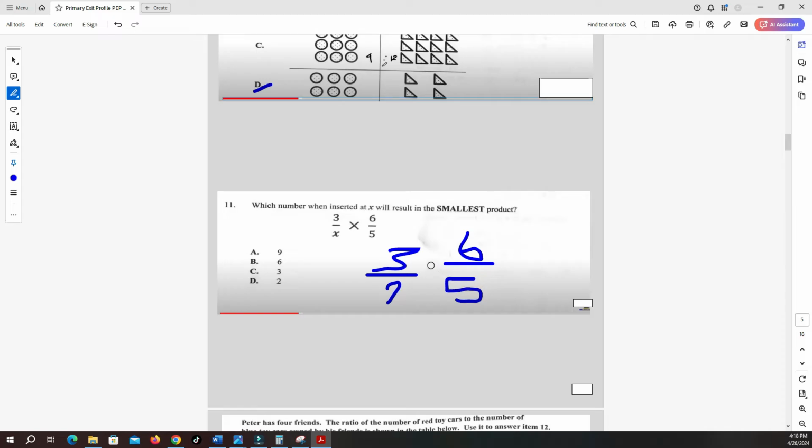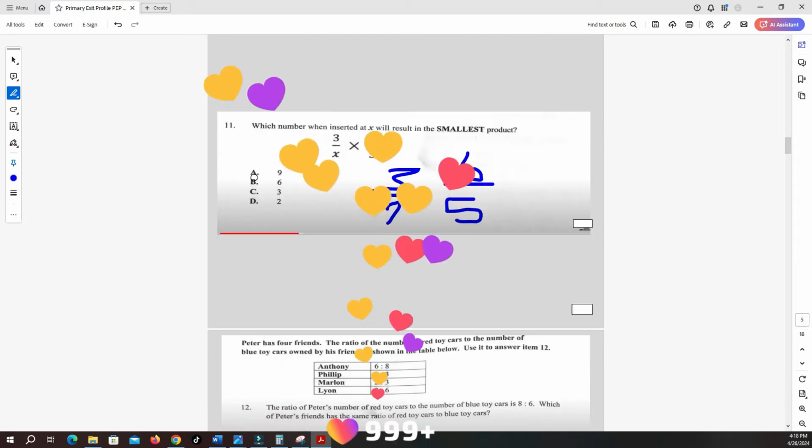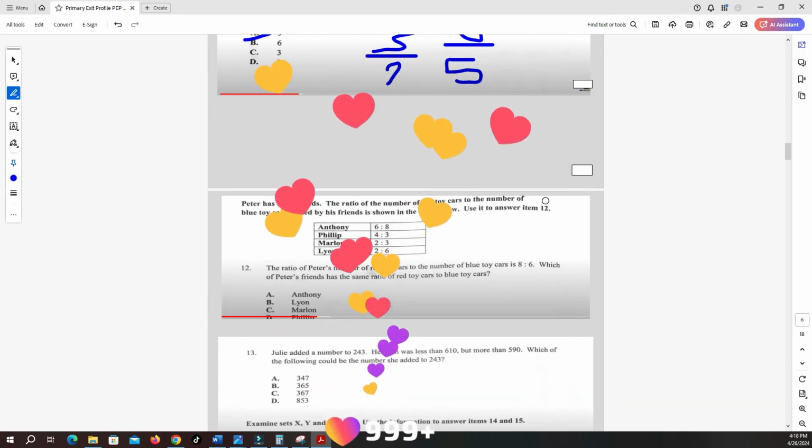So 3 into 3, 1. 3 into 9, 3. 3 into 6, 2. So it looks like it's 2/5, the smallest product. I would say 9. 9 is definitely the answer for this one.